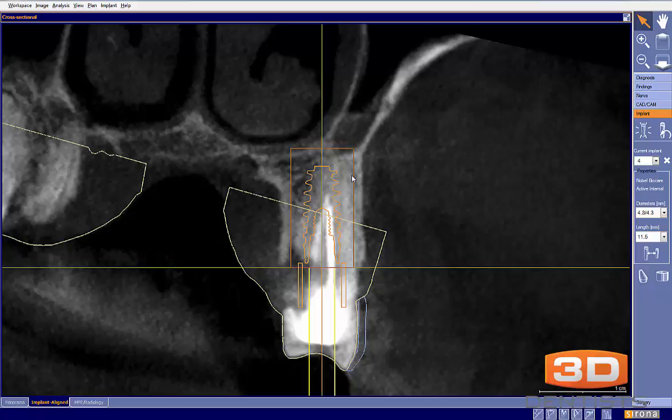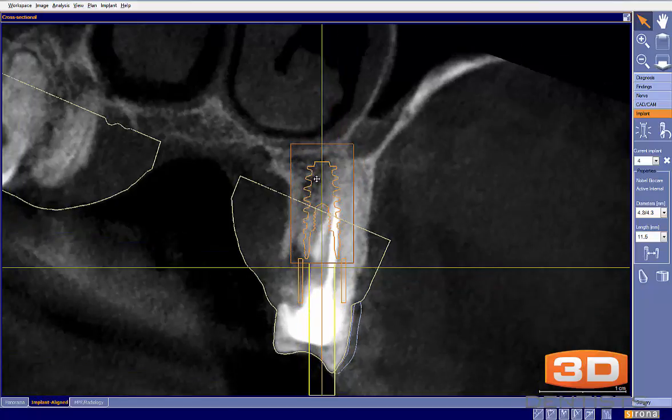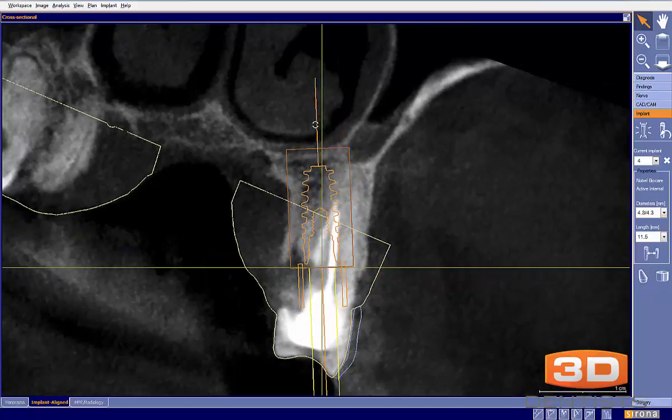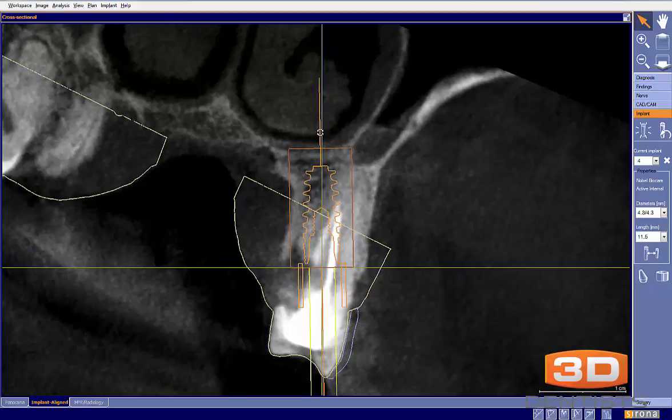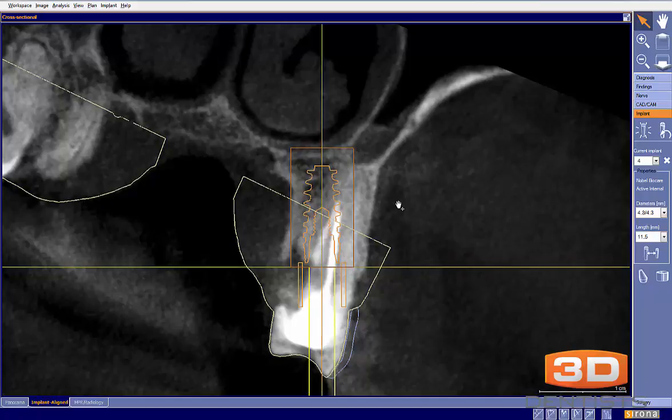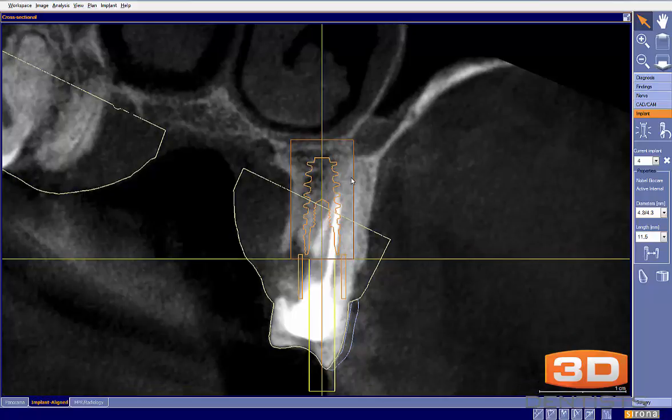Now if you were dead set on immediate placement, your options then start looking something like this, and then we can see how that affects. And even then, the closer I look at this, I'm starting to see the tooth root kind of look like that a little bit.